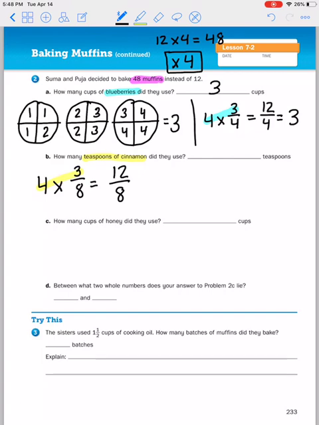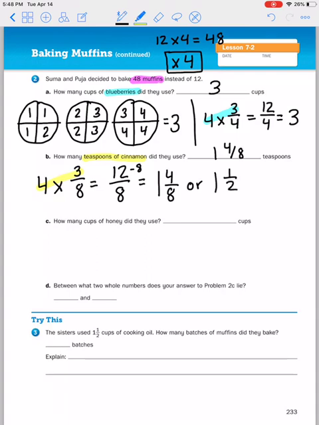So I can't take 2 wholes out, but I could take 1. 8 times 1 is 8. And then I have to subtract 12 minus 8 is 4. So 1 4/8 of a teaspoon. You also could have written this as 1 1/2. If you did it that way too, that's fine.